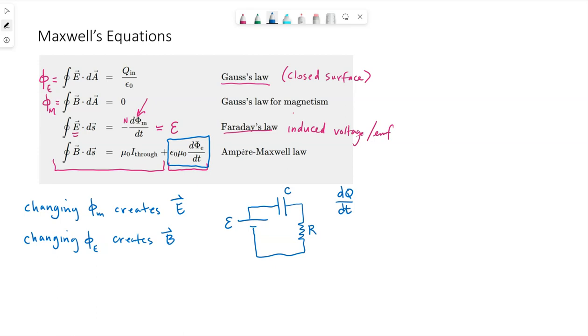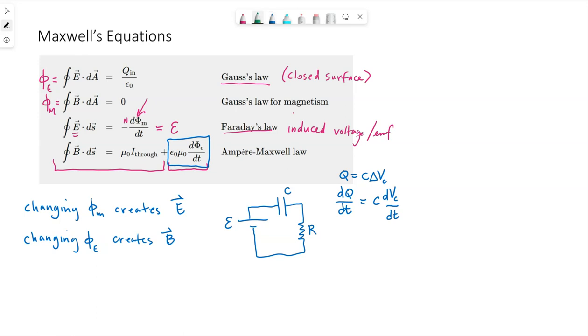So we know the charge on the plates of a capacitor is equal to C times the potential difference across the plates of the capacitor. The rate at which that charge is changing, so how fast the capacitor is charging or discharging, also creates a magnetic field.